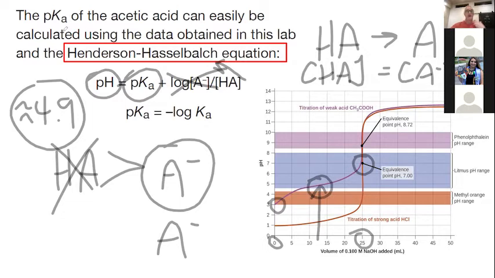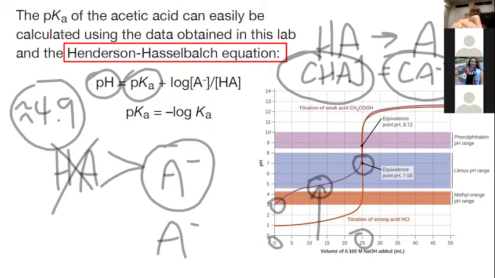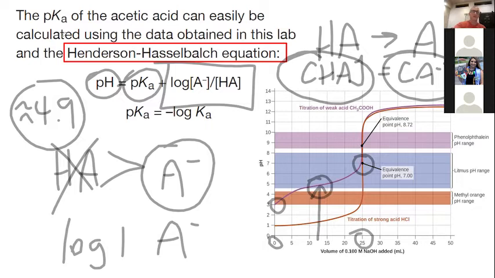So do we understand how midway through the titration, the amount of acid and the amount of conjugate base, since we're halfway through converting all of it, they should equal each other. And when they equal each other, this particular part of the equation, when A minus and HA are the same concentration, that's log of 1, and that is 0, because 10 to the 0 equals 1.